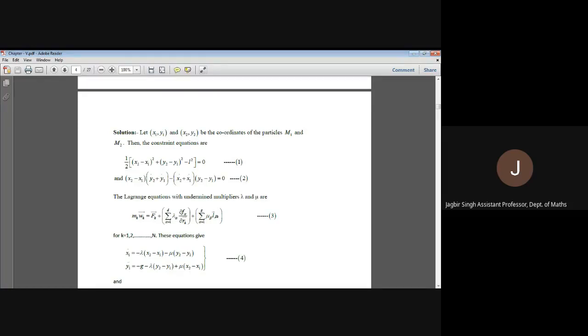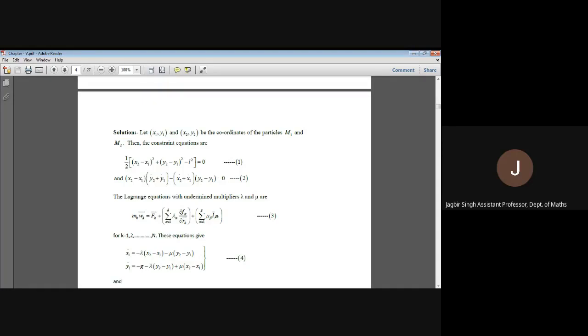And now the same procedure, plus lambda into the partial derivative of the finite constraint with respect to y1, it will be minus y1, and then plus mu into the velocity component of y1, it is x2 minus x1, so we are having plus mu into x2 minus x1, and this is equation number 4.